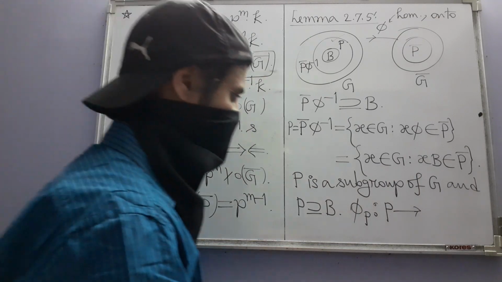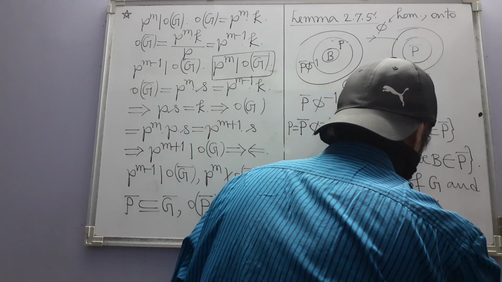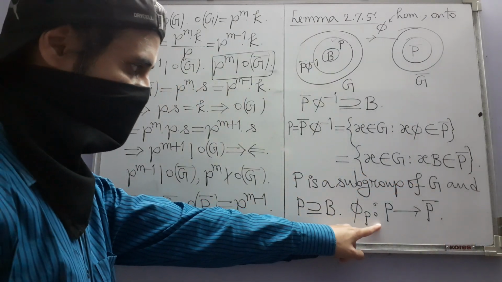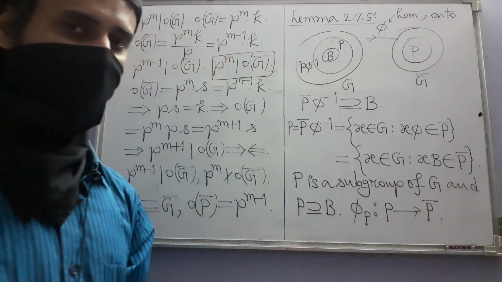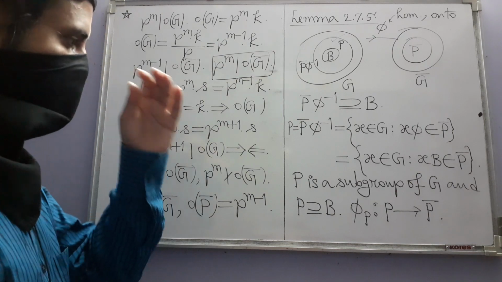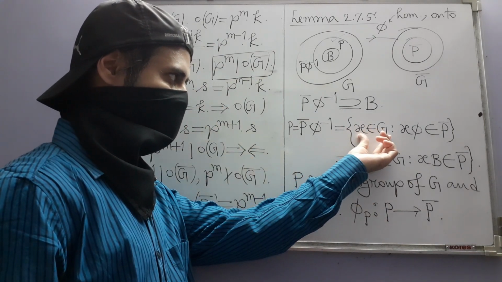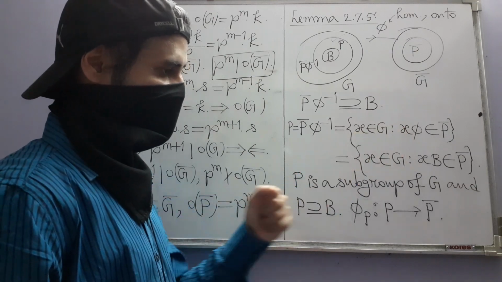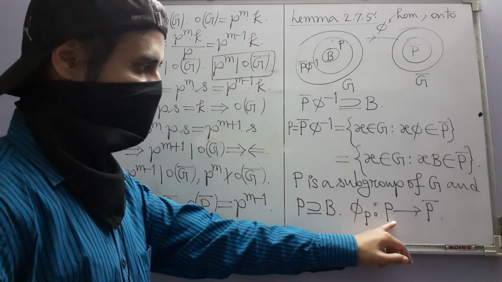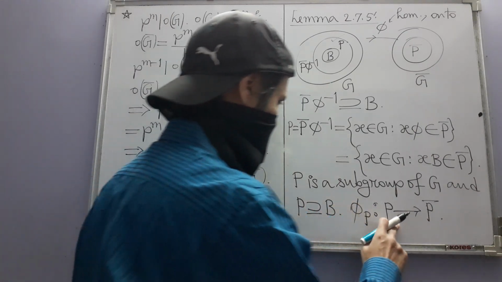This is just extra explanation. Will the restriction actually map P inside P bar? Yes. Why? Because that's what P is. P is precisely those elements of G which get mapped by phi inside P bar. So obviously this restriction will map P inside P bar, that is, it's a function from P into P bar.